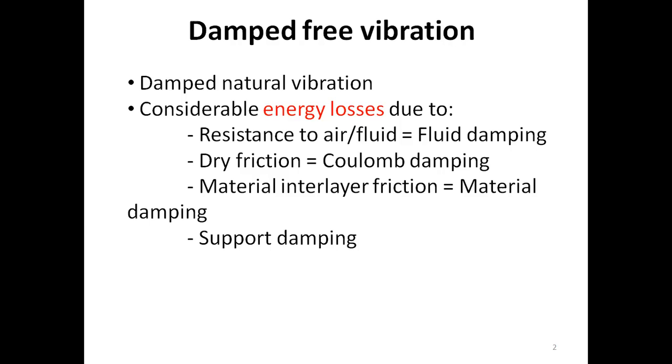However, in some materials, it would be so small that we could ignore it. So remember that it is not necessary that in a vibratory system all four types of damping would exist. Sometimes some would be dominant and the others would be so small that they could be ignored.